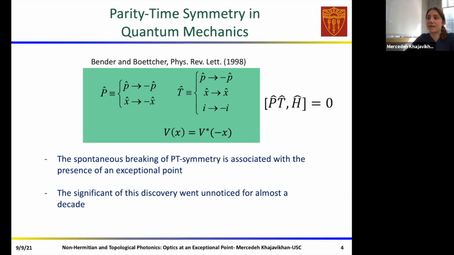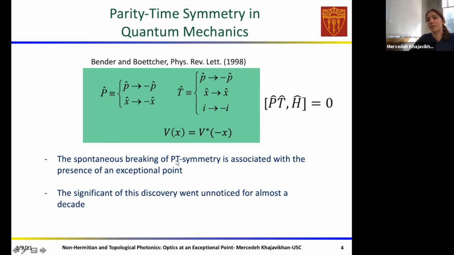They also noticed that this type of potentials are known as PT-symmetric because they respect both the parity and time operations. When they change the parameters of the system and keep them PT-symmetric, eventually at some point the spectrum becomes complex, and the point of spontaneous breaking of PT-symmetry happens to be an exceptional point.